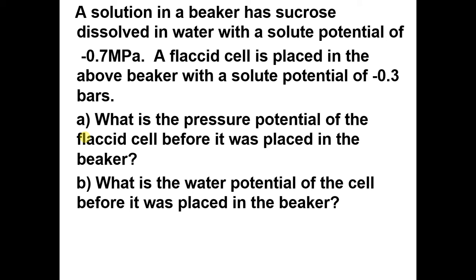If we just said in part A that the solute potential is negative 0.3 and the pressure potential is zero, and we know water potential is solute potential plus pressure potential, negative 0.3 plus 0 is negative 0.3, and that is what the water potential is.